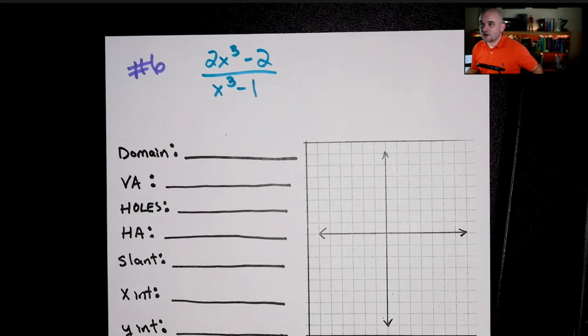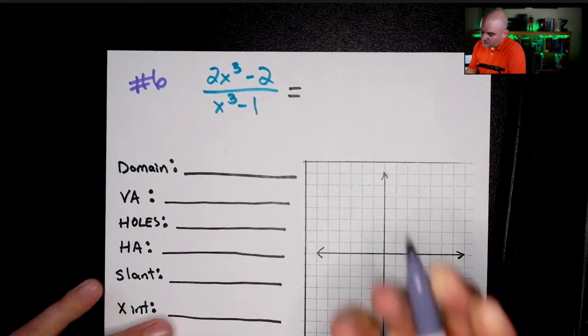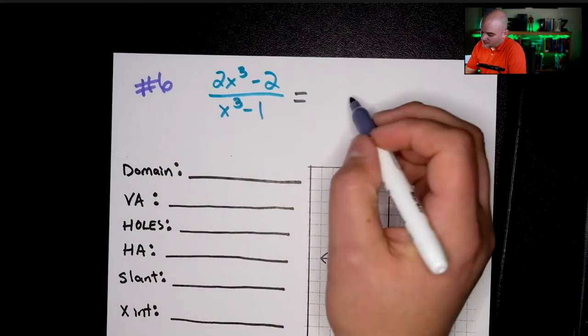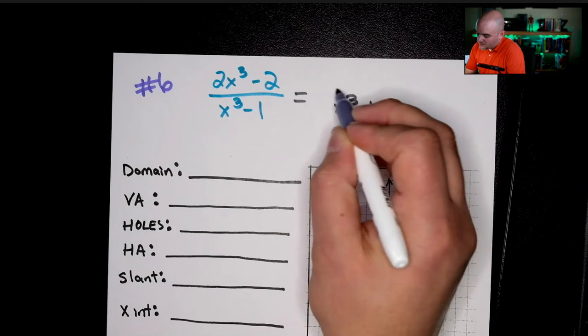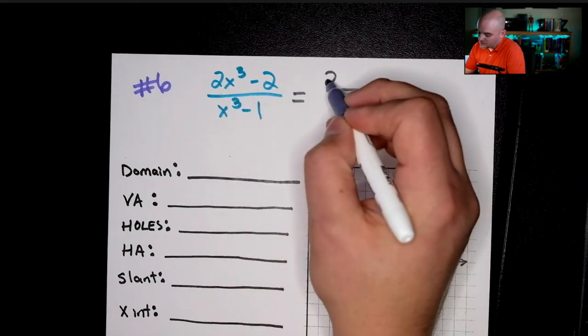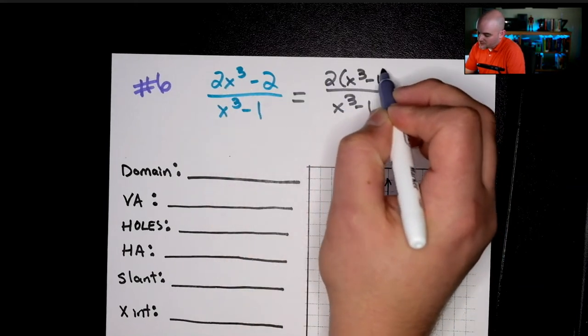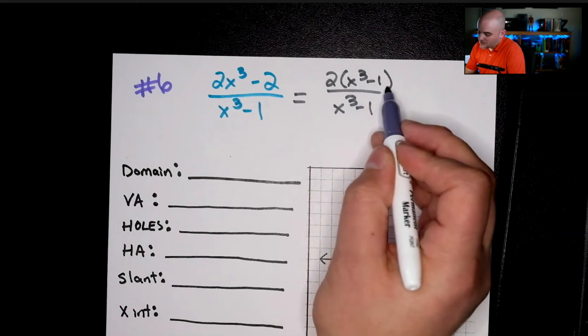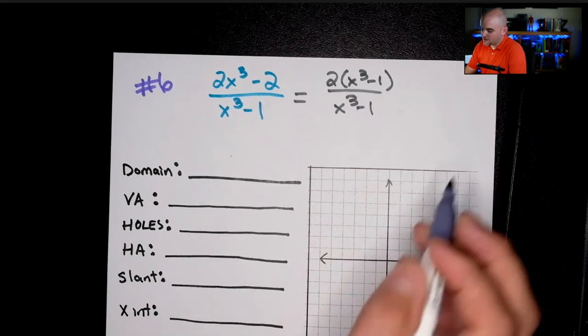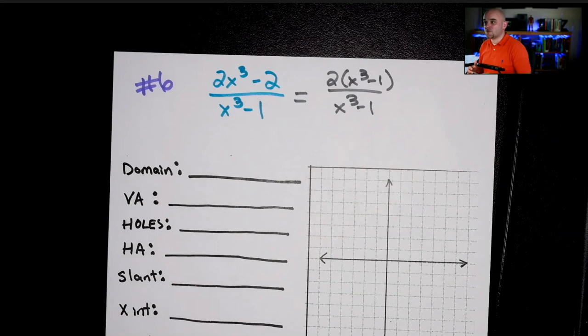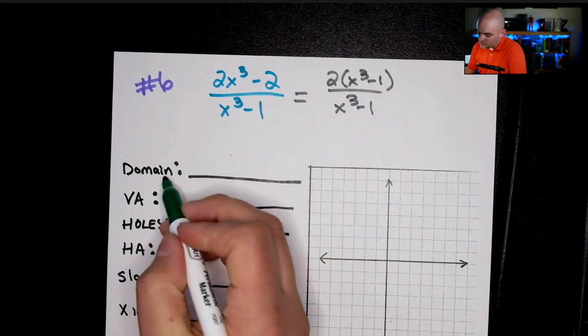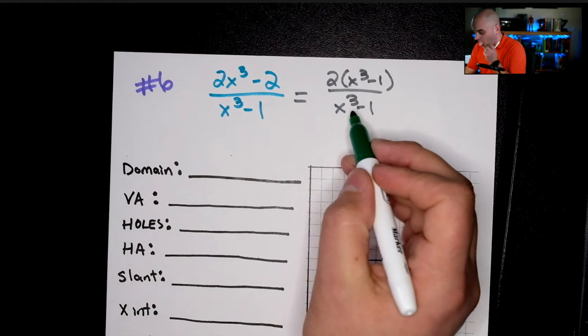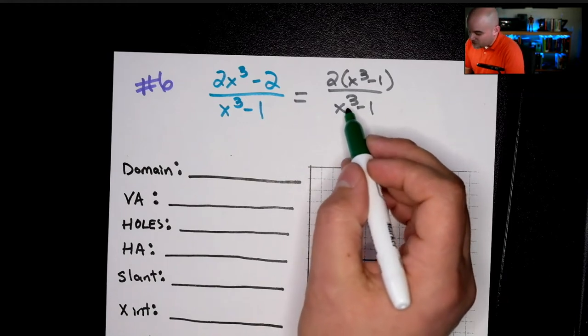All right, let's look at the next one. I want you to try out number 6. And if we look at this, like I said before, it helps if we just factor some things out. In the numerator, notice there's a 2 in common, and I get x cubed minus 1 over x cubed minus 1. Before I factor, let's make sure we take note of the domain.